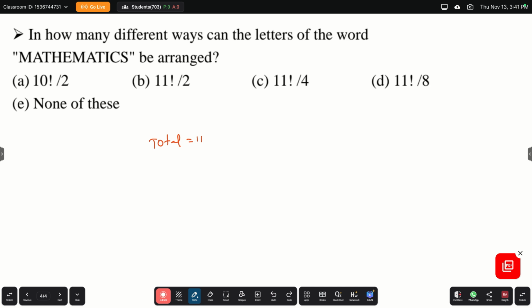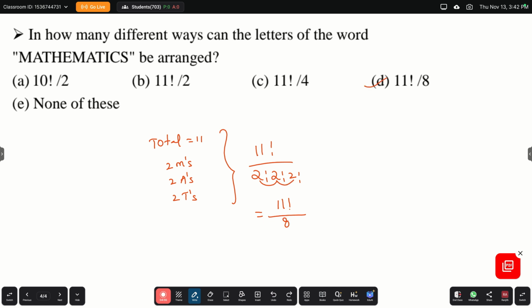Is there any common letters we are having? 2 M's, 2 A's, 2 T's will be equal to 11 factorial divided by 2 factorial, 2 factorial, 2 factorial. So 11 factorial divided by 2 twos are 4, 4 twos are 8.